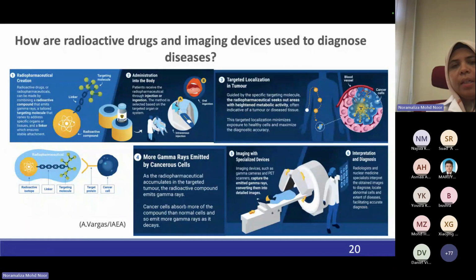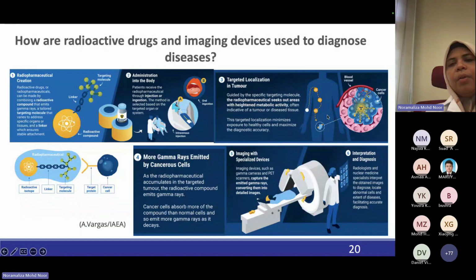So this is how the process works, how the drugs and imaging device are used to diagnose the disease. Of course, we have to prepare a radiopharmaceutical with an unstable radionuclide like technetium-99m. After that, we inject it into the patient's body. And then the uptake of the radionuclide will be specifically localized in the tumor.